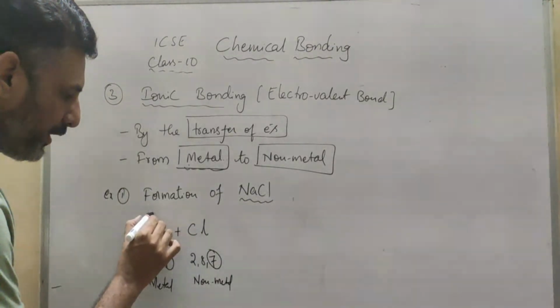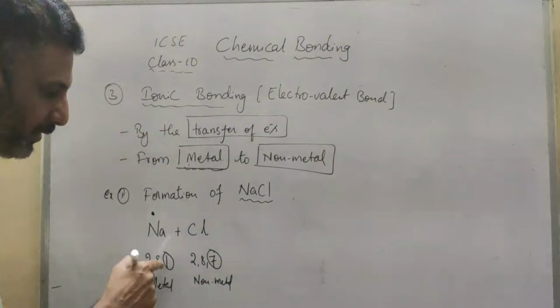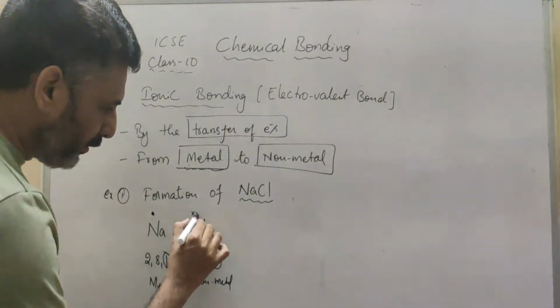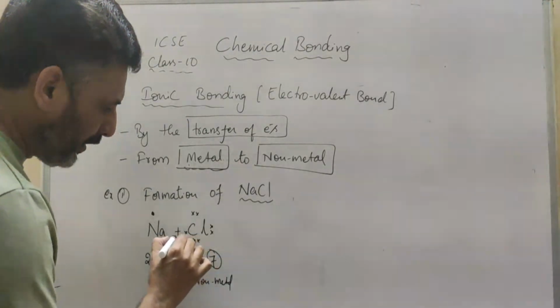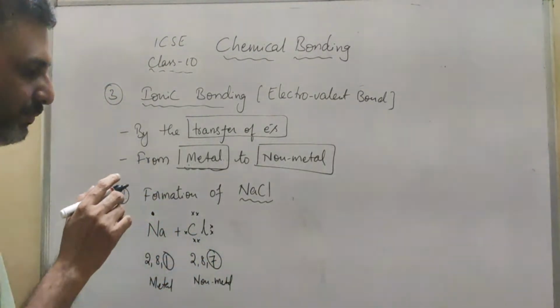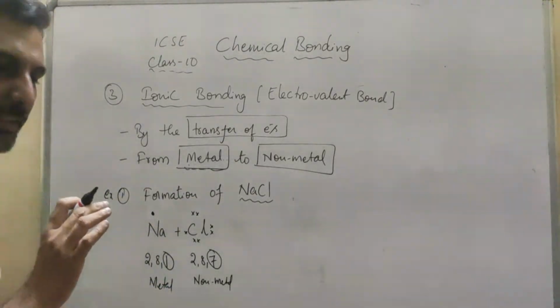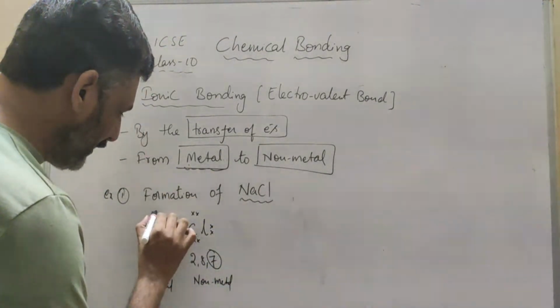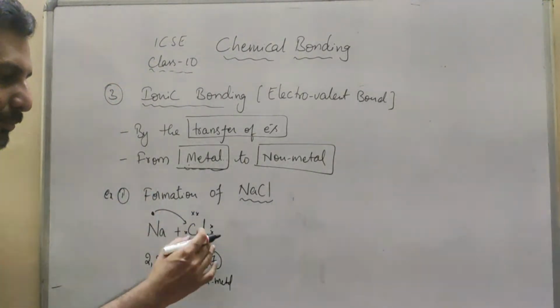So how do we show the electron dot diagram? 1 electron here because sodium has 1 valence electron, and chlorine 7 valence electrons. Now if this electron comes here, automatically chlorine gets stability, and sodium also gets stability.